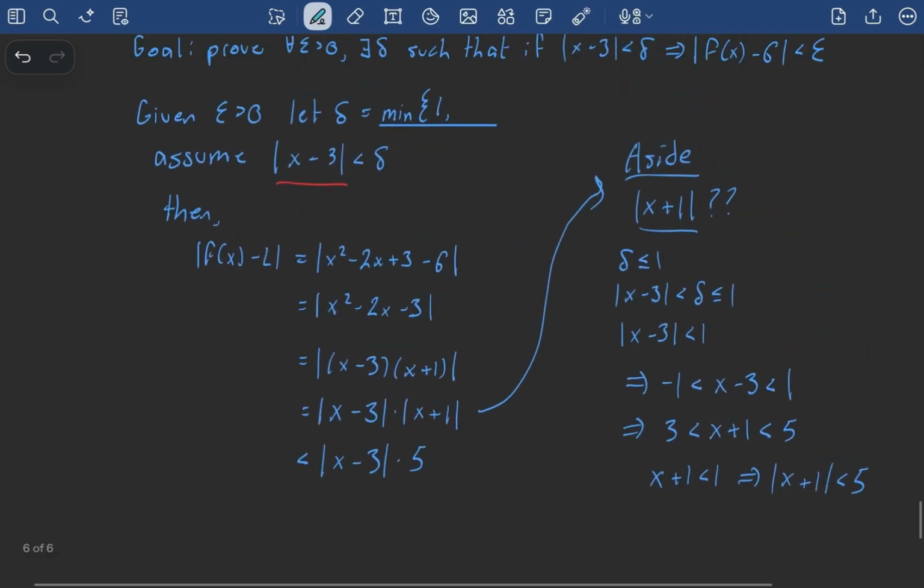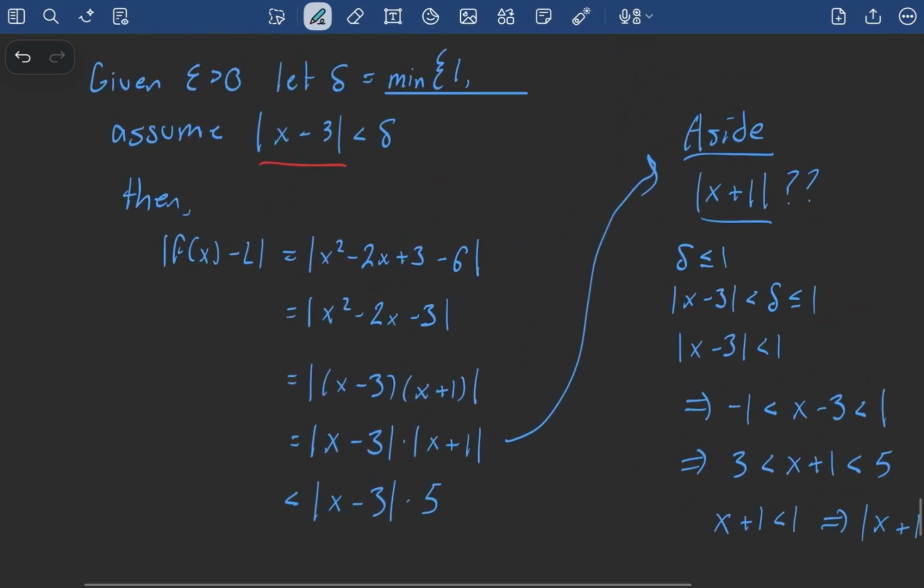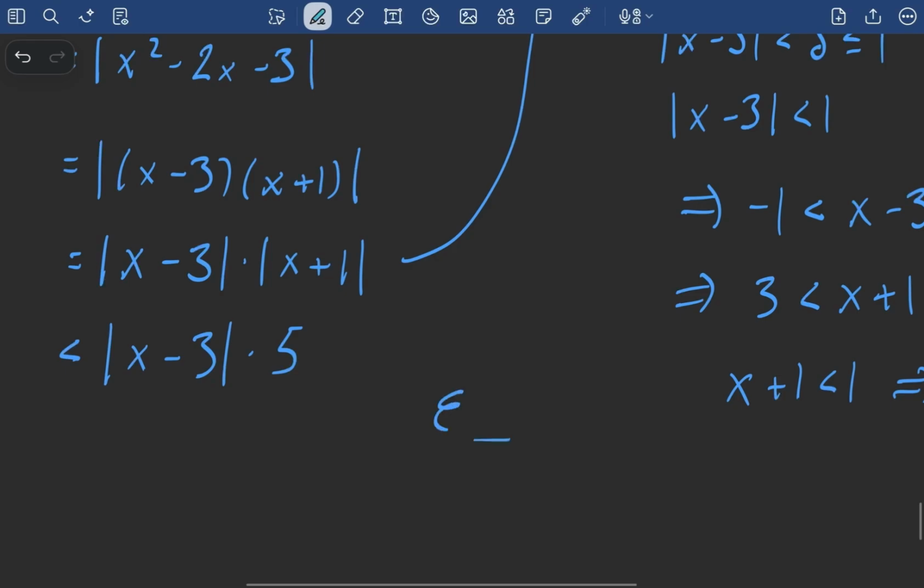One of the mistakes that people make here is they will just plug in delta for the absolute value of x minus 3 right here, and then say, oh, I know what to do. I'm going to set delta equal to epsilon over the absolute value of x plus 1.